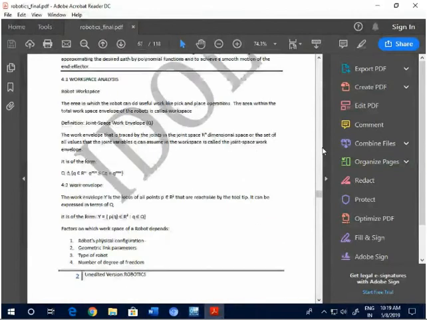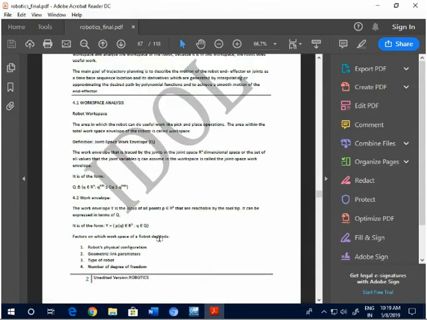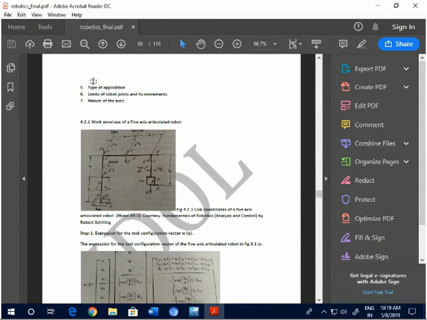Okay, so now what are the factors your workspace envelope depends on? The factors on which your workspace envelope depends are the robot's physical configuration, the geometric link parameters, the type of the robot, the number of degrees of freedom, the type of application, the limits of the robot joints and its movement, and the nature of the work.